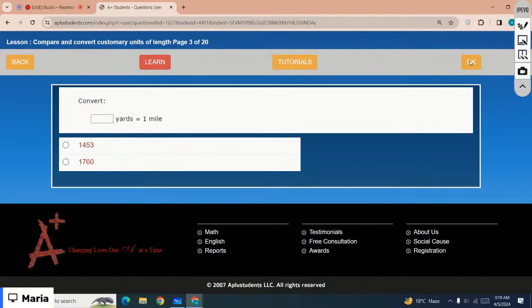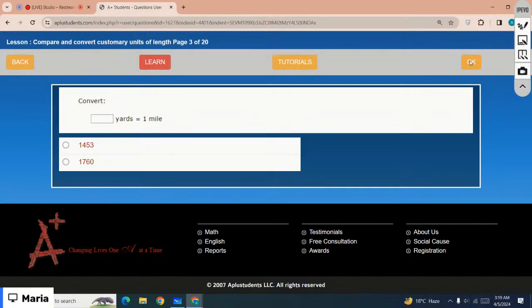Okay, 1 mile equals how many yards? Which is the correct option? 1 mile equals 1,760 yards.